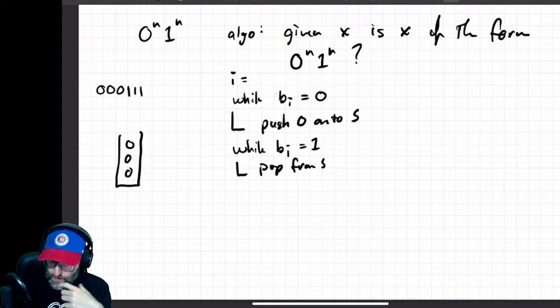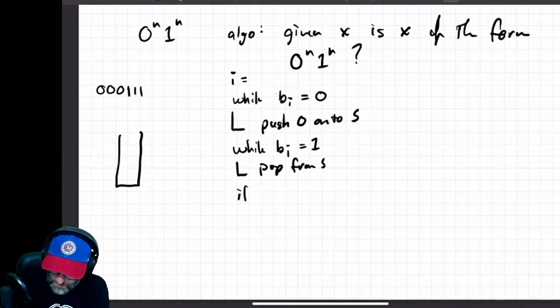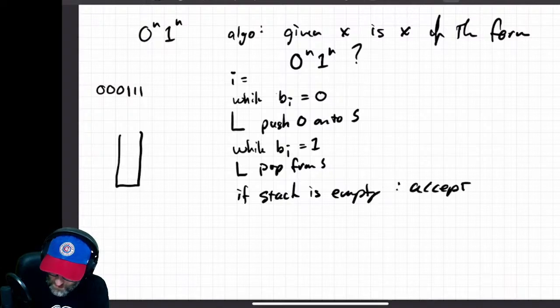Now at the end, for this particular example, we will pop, pop, pop. And so we know that it's of this form if the stack is empty at the end, because we pushed just as many zeros as we popped ones. And so if the stack is empty, then accept. Otherwise, reject.